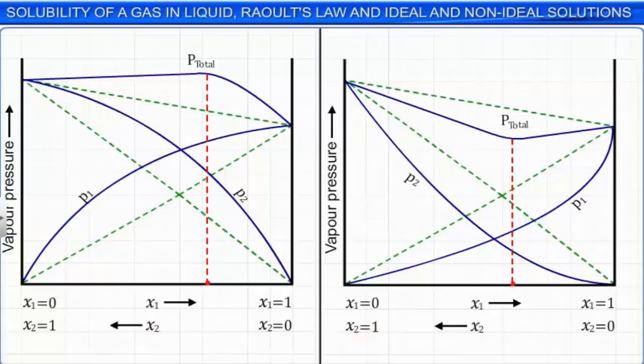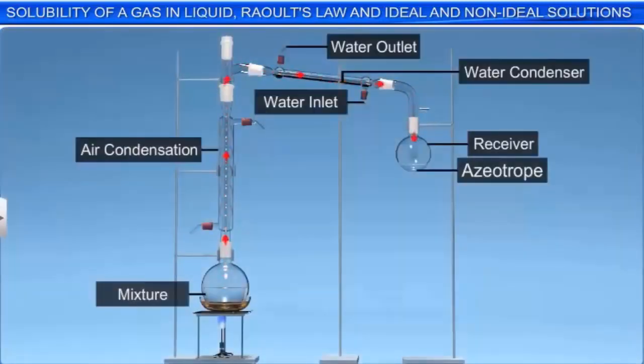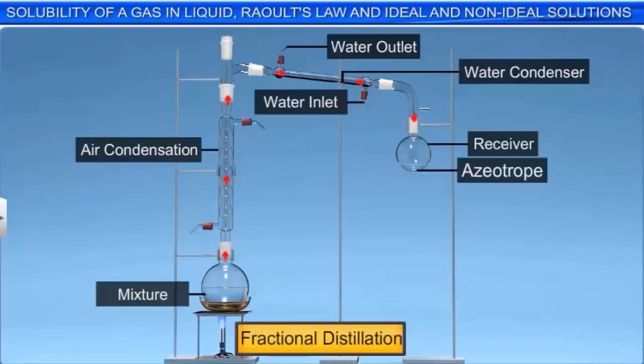Azeotrope is thus defined as a special class of liquid mixtures that boil at a constant temperature and at a certain composition. At this condition, the mixture behaves as if it was a single component with one constant boiling point. In such cases, it is not possible to separate the individual components of the mixture by fractional distillation.